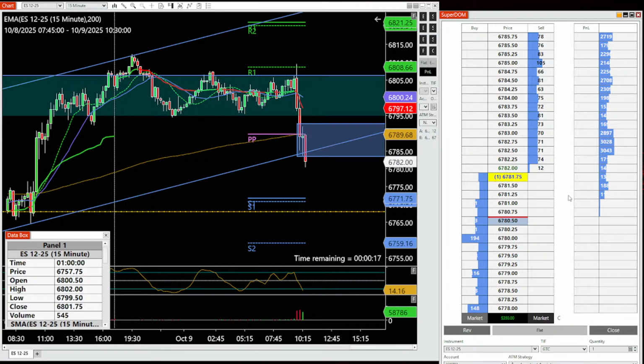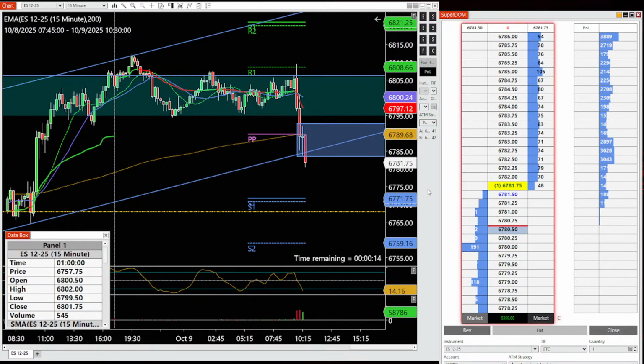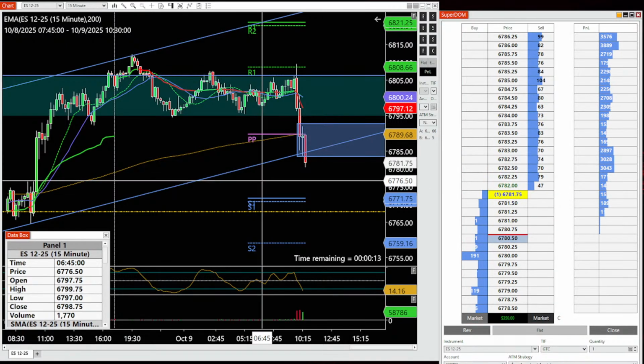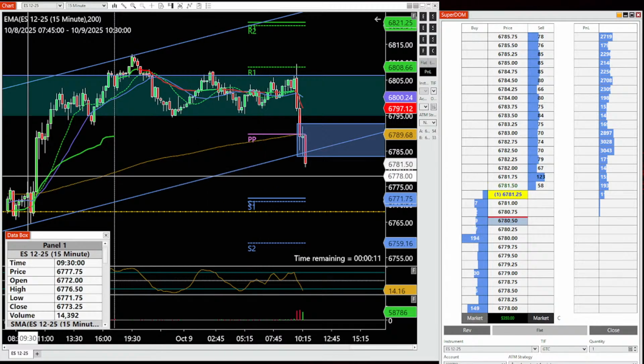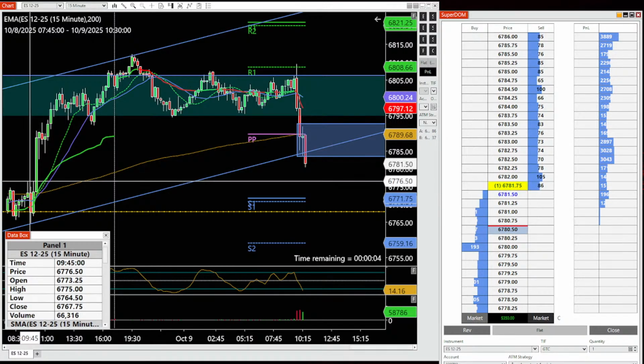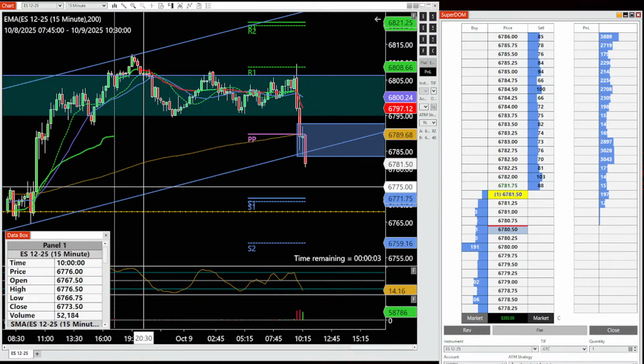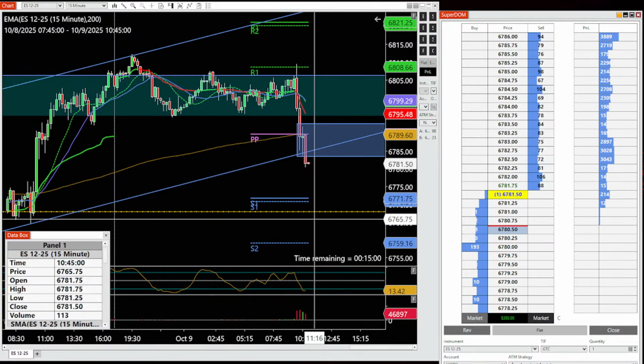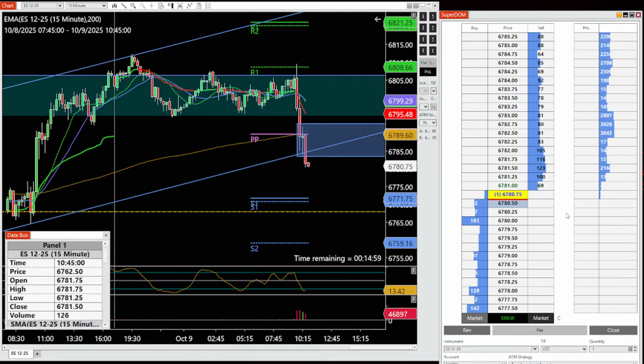Now 177. 900 orders at 77. So we're right here. Orders are sitting above these highs right here. Look at the 15-minute bar.